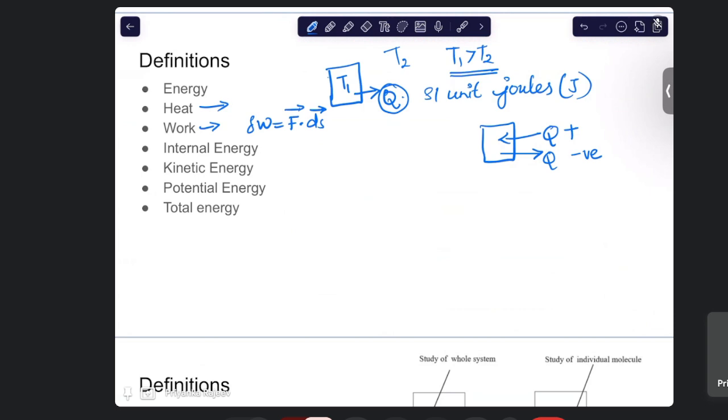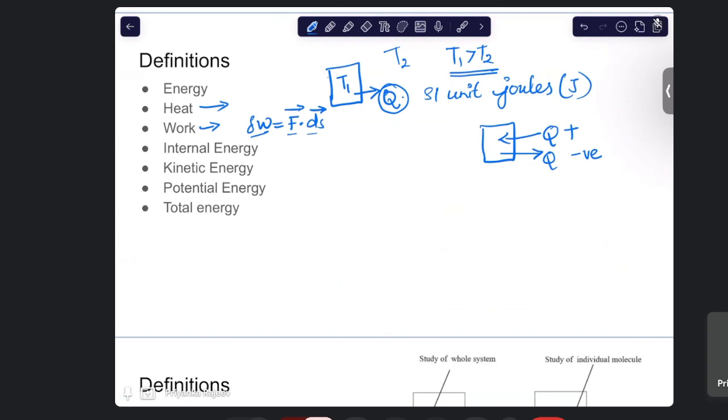It is the form of energy that results from a force acting through a displacement. Because of a force, there is a displacement happening, and that energy is called work, and it is denoted by W.